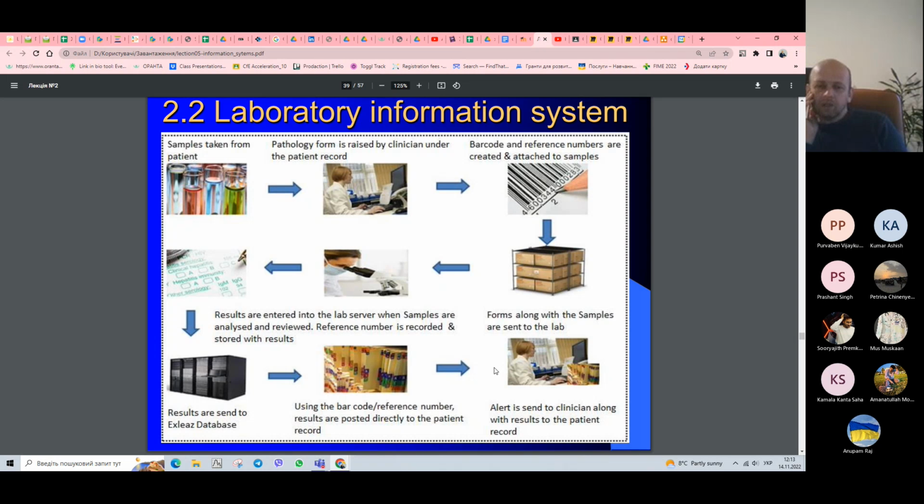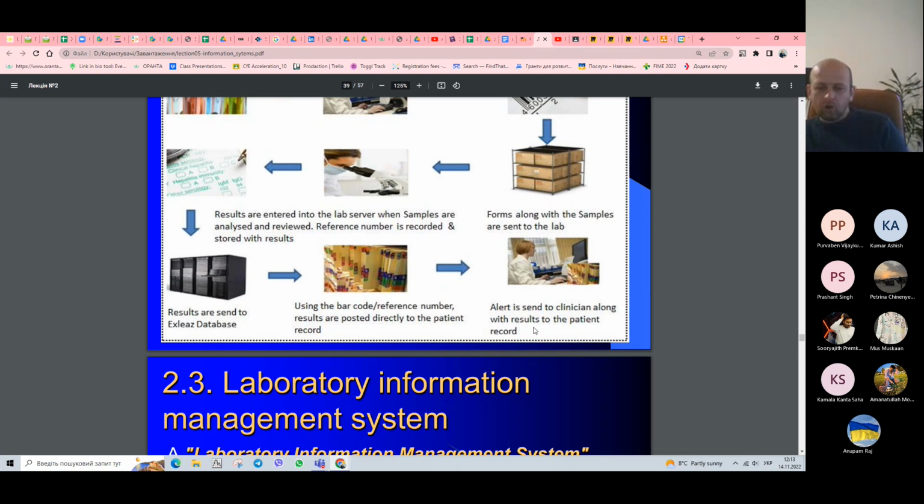A reference number is recorded and stored with the result. And the form along with the samples is sent to the lab. And in the end, an alert is sent to the clinician along with the result in the patient records.